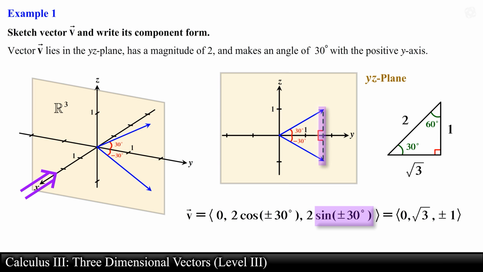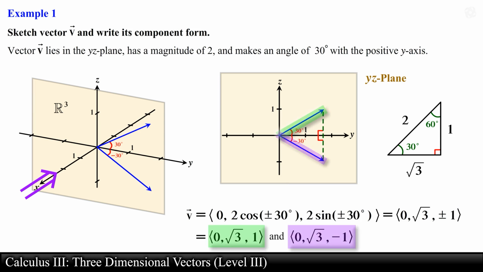So taking this into account and simplifying the expression, we obtain positive and negative 1 for the z component. So the components of the vectors that satisfy the conditions of the problem are equal to 0, square root of 3, and positive negative 1. Alright, let's try another similar problem.